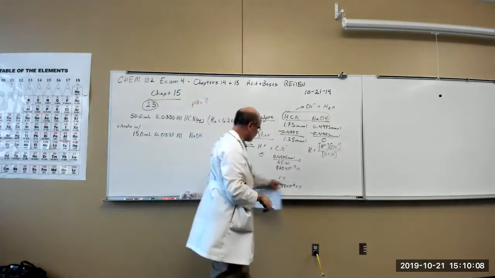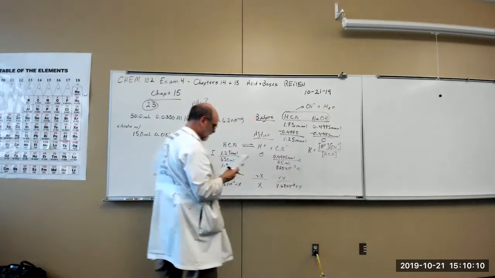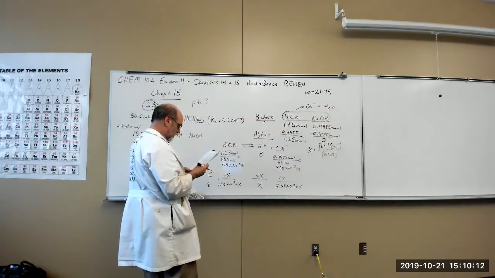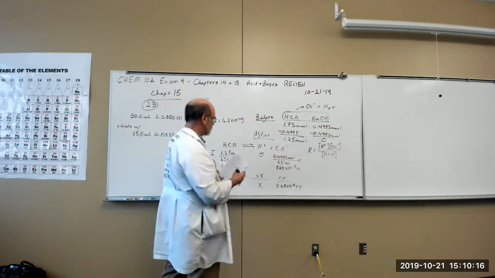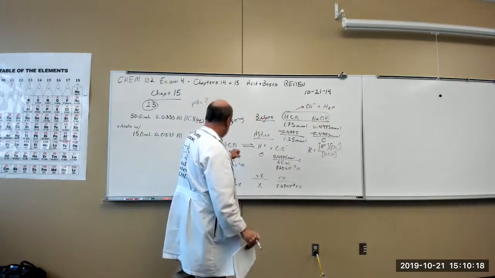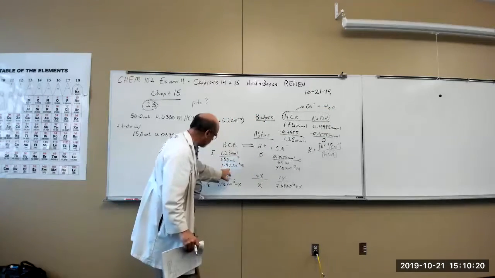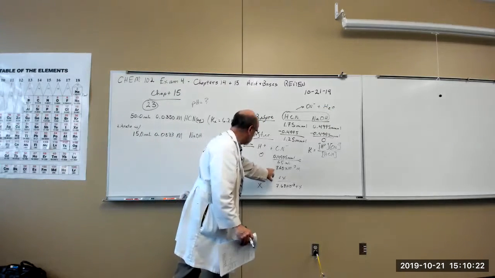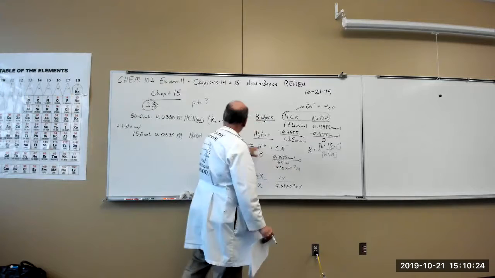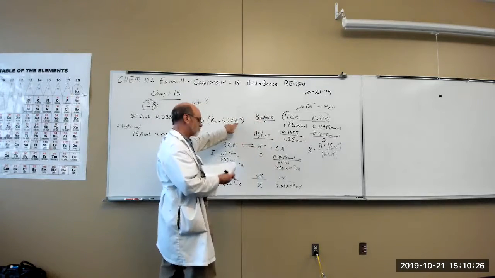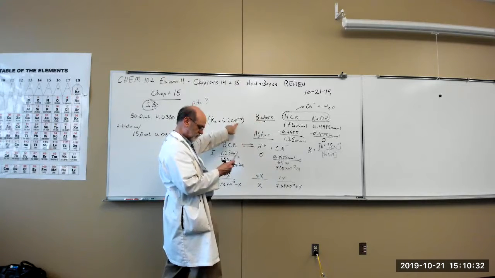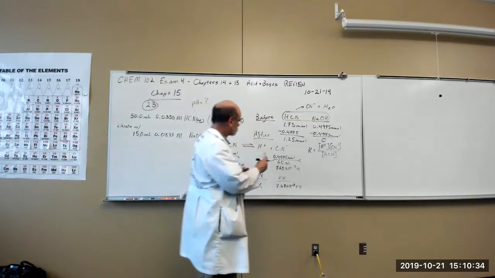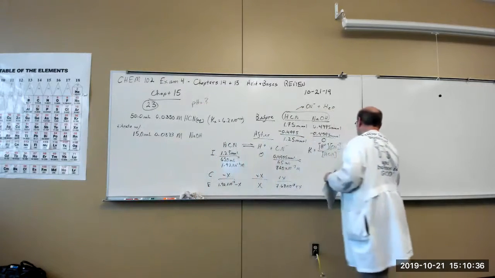Then decide if we're going to be able to use the approximation. Our starting concentration is pretty low as compared to this. It might work as an estimate. We can try it.